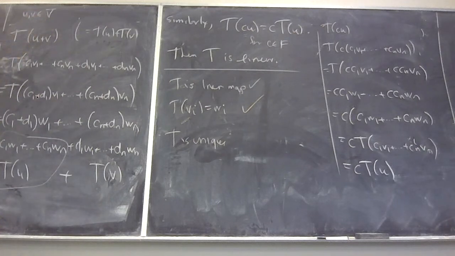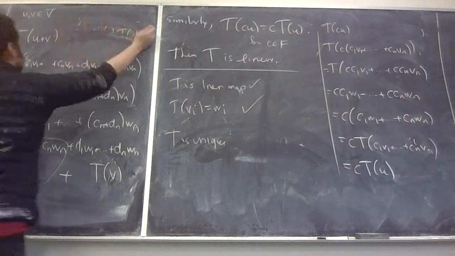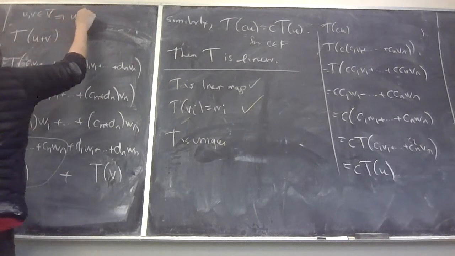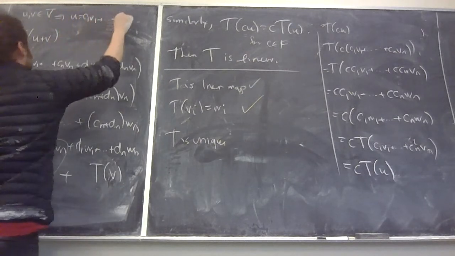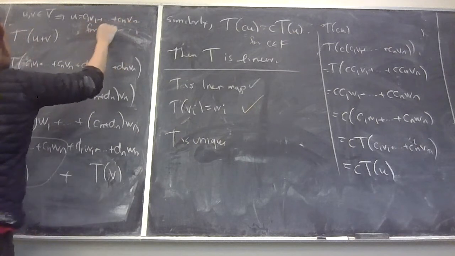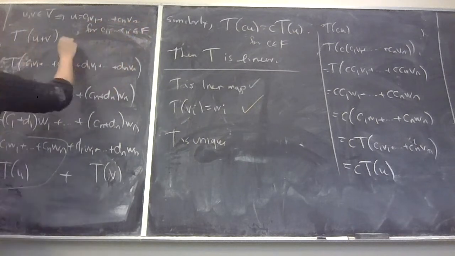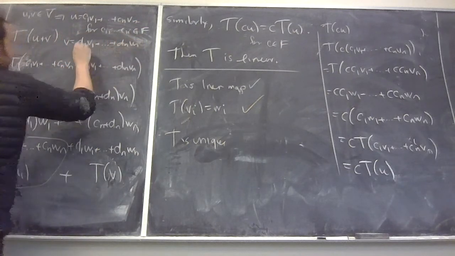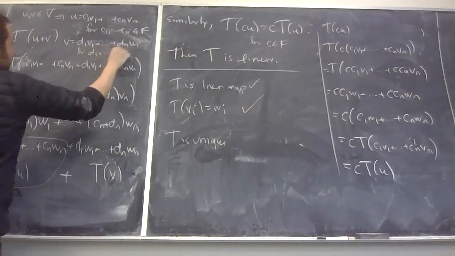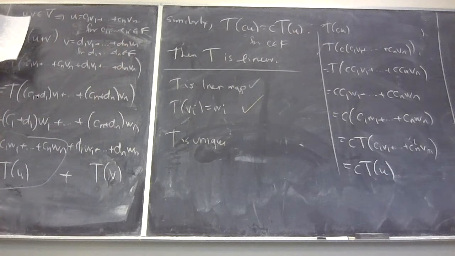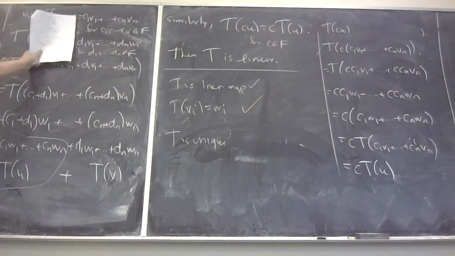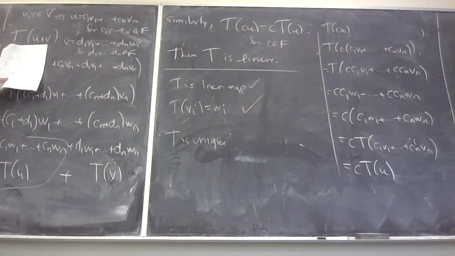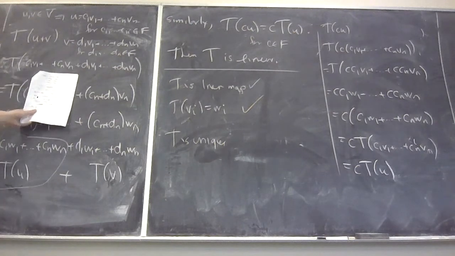Remember we said that v1 through vn was a basis for the vector space V. So because they're in the vector space, u is equal to c1 v1 plus up to cn vn for some constants c1 to cn, and v is equal to d1 v1 up to dn vn for d1 up to dn in F. So if these are in the vector space, then we can express them in terms of the basis. So T of the sum of two vectors is the same as replacing those vectors with their unique expansions in terms of the basis.